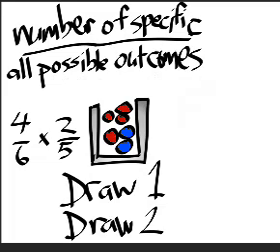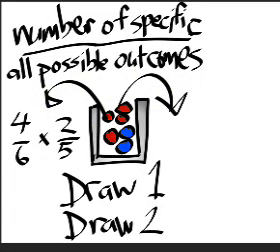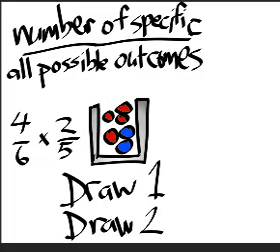We're going to draw one, leave it out there, right? And draw two, leave it out there. Okay. The second draw, your number of total outcomes goes down to 5. Okay. So the first probability is the same, 4 red marbles out of 6. But the second probability, you have 2 marbles out of 5, right?